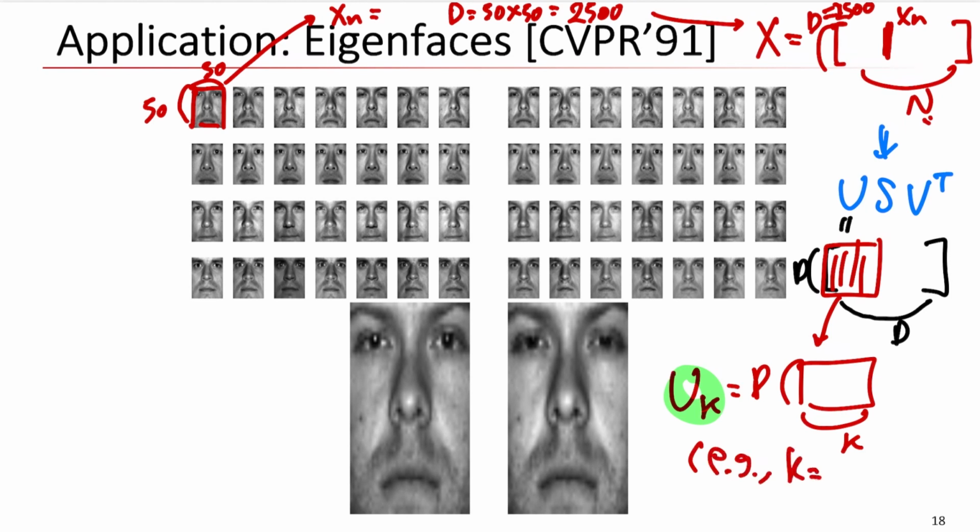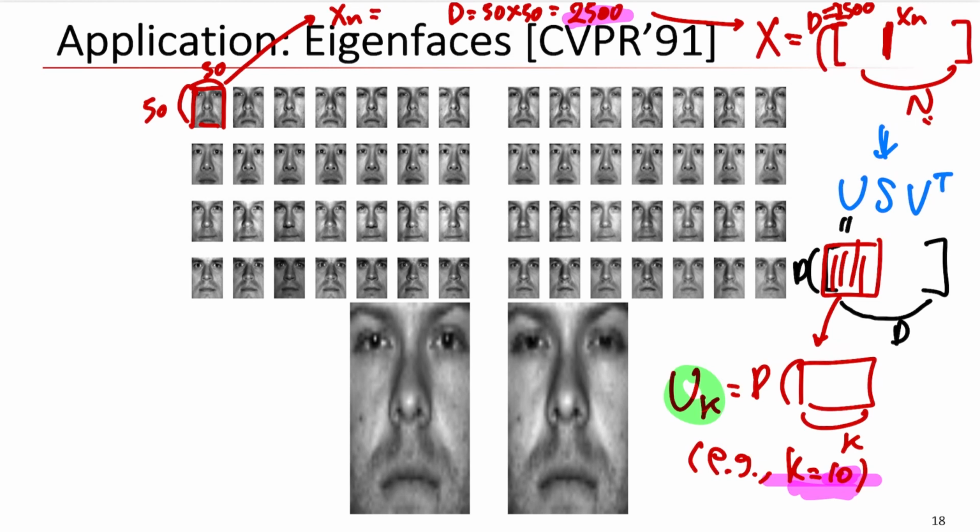In this case, K is equal to 10. Compared to the original 2500, 10 is very small. So it means that we can compress the original image to a smaller dimensional space like that.